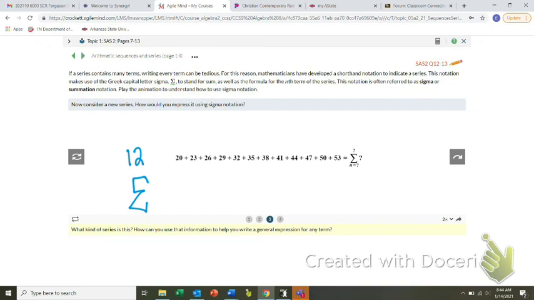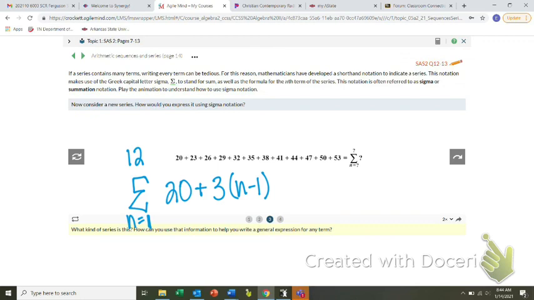Now, n equals 1. That means you plug in a 1, you get out a 20. You plug in a 2, you're going to get out a 23. Okay? So now we have to determine the function rule. This is an arithmetic sequence, the same one we've been doing all day. So we have 20, first term, plus the common difference times n minus 1.